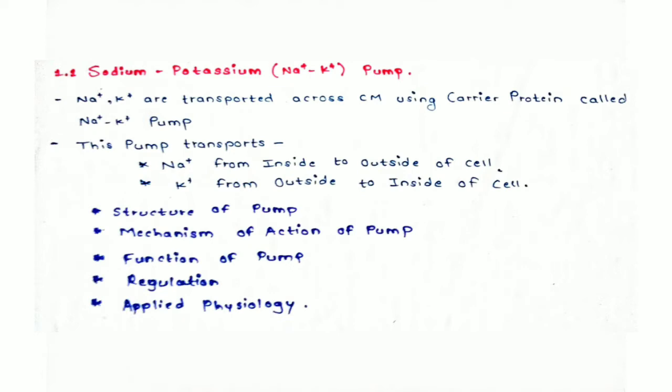This pump transports sodium from inside the cell to the outside, meaning from ICF to ECF, and potassium from the outside of the cell to the interior. The points of discussion for this pump are the structure of the pump, mechanism of its action, function, regulation, and the clinical part, that is applied physiology.